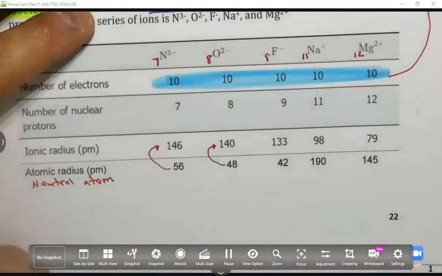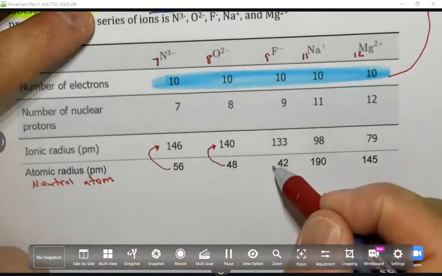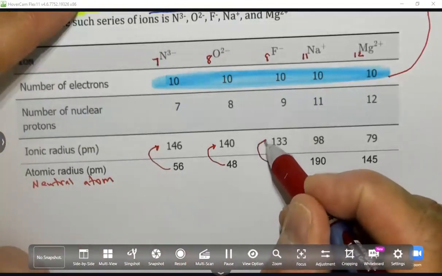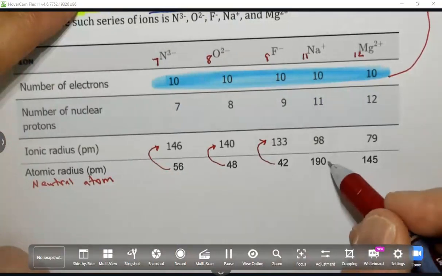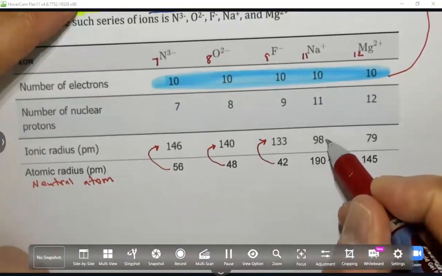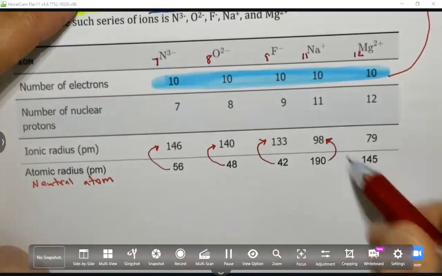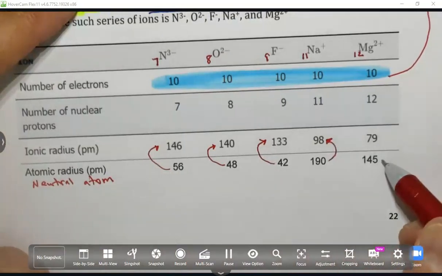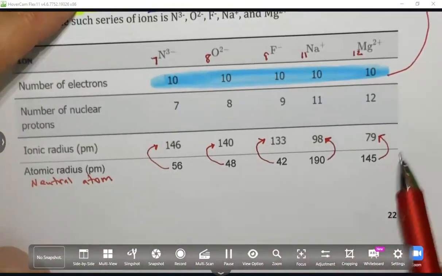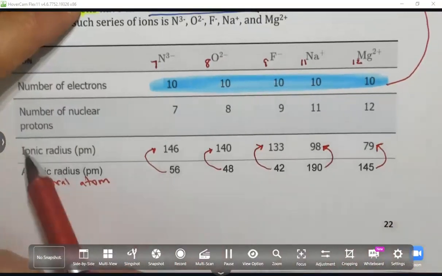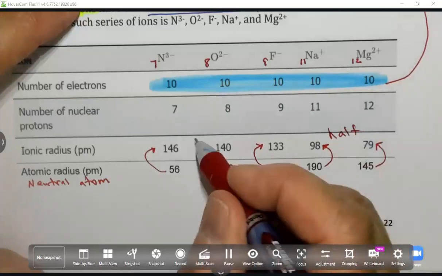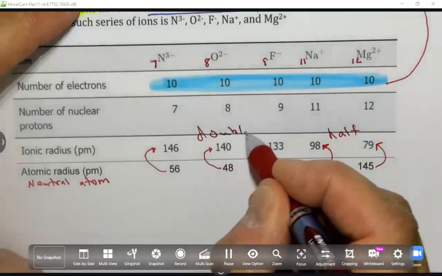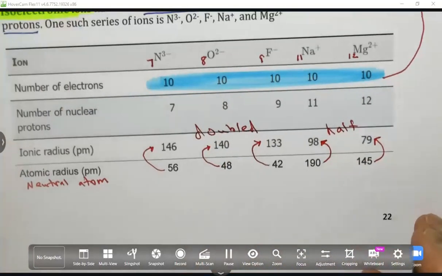This is more than double. This is more than double. This is about half, right? This is about half when you make a positive ion. So if you make a positive ion, the ionic radius is about half. These are doubled, at least doubled.